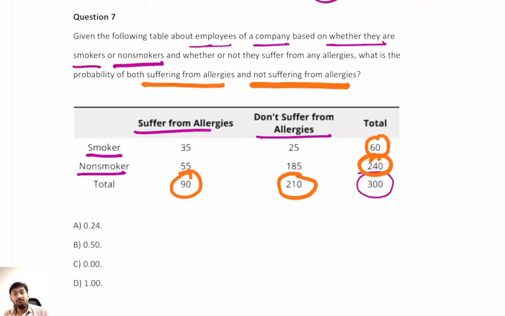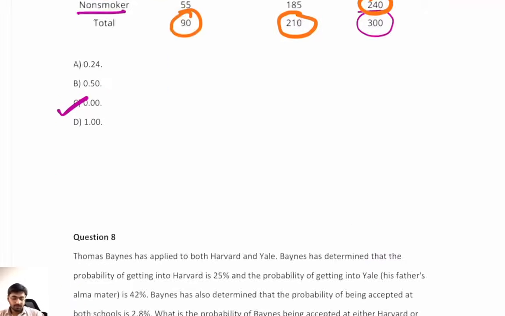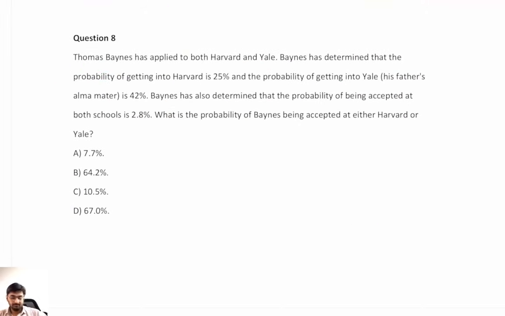What they are saying, I want a person who is suffering from allergy and not suffering from allergy. Sir, how is it possible that a person will have allergy and will not have allergy? Either they will have allergy or not. Are you clear? So the probability is 0. I'll not find a single person out of the 300 who will have allergy and who will not have allergy. So the answer is C. Very simple, intuitive, no need to solve. Clear? Coming to the next question, question number 8.